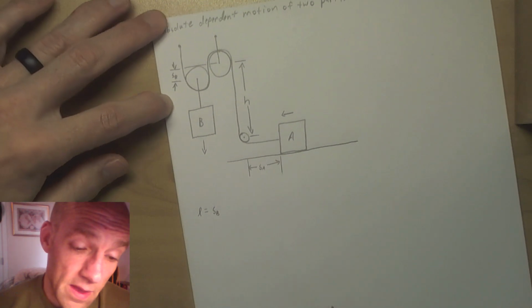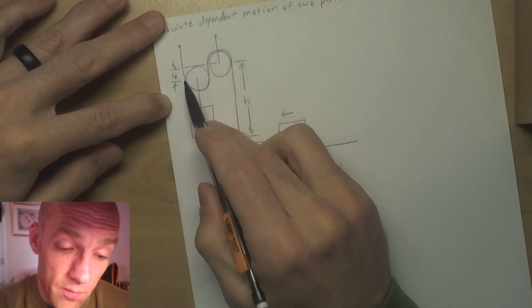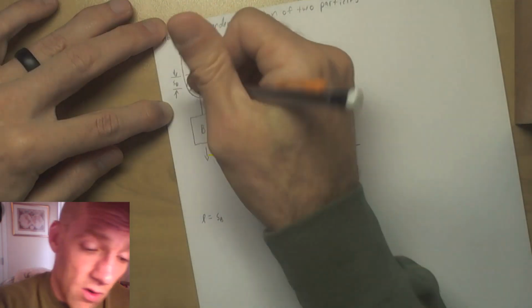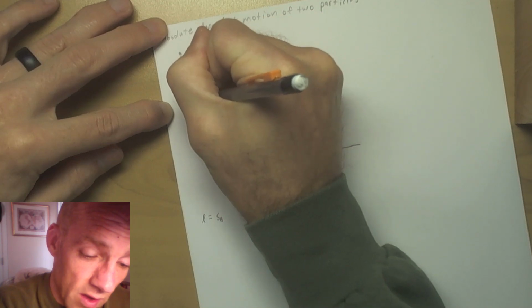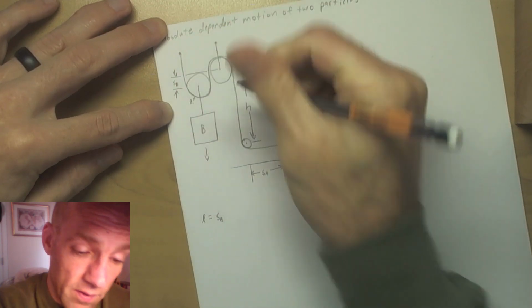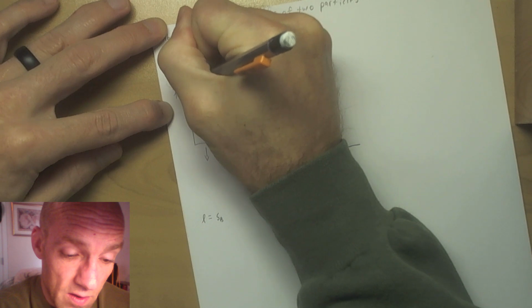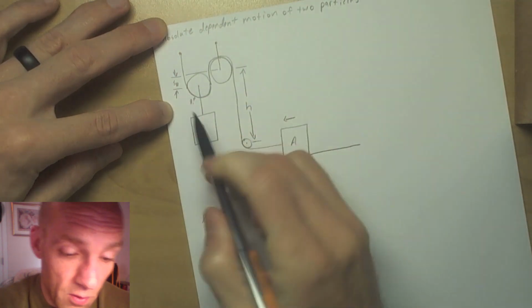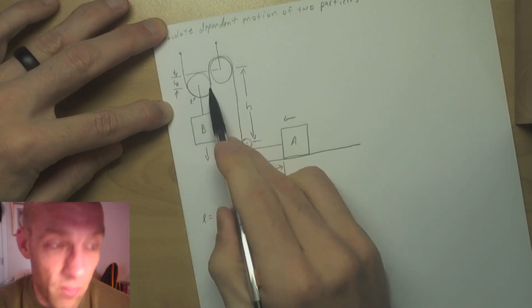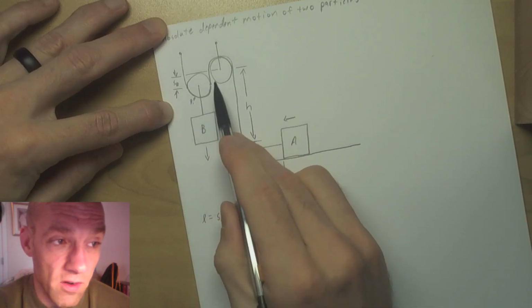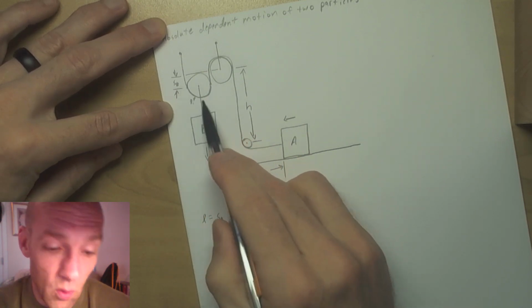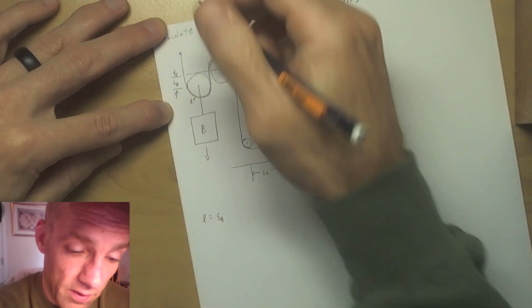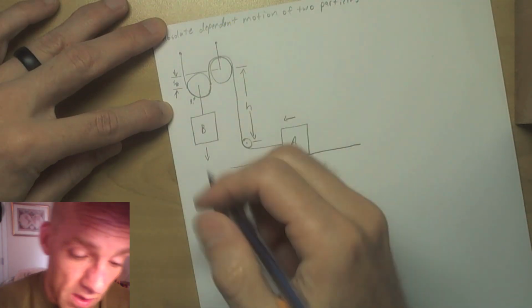So we have SB, and then I'll call this L1, the distance from here to here, from the two tangent points of the cable. This distance will never change, so it's going to wind up being ignored, but just for completeness I'm going to put it on there. And then we go up another SB.